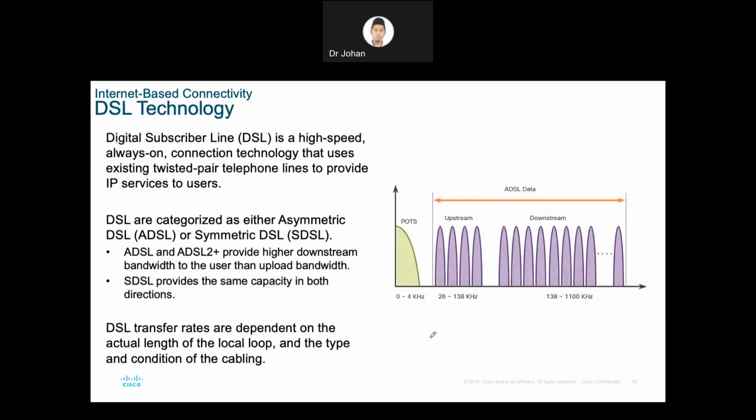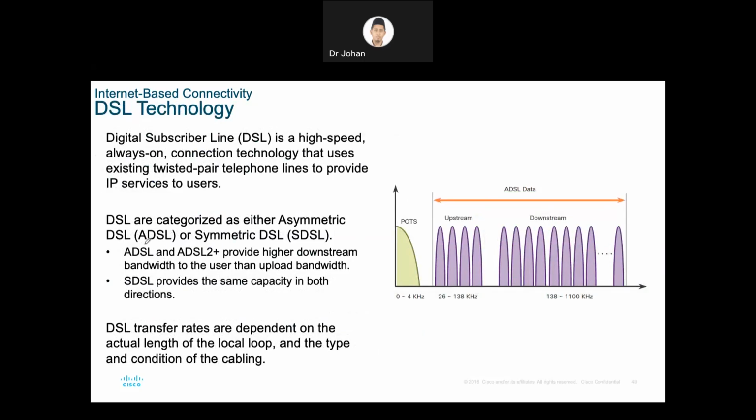DSL technology. DSL, or Digital Subscriber Line, is a high-speed, always-on connection technology that uses existing twisted-pair telephone lines to provide IP services to users. DSLs are categorized as asymmetric (ADSL) and symmetric (SDSL).